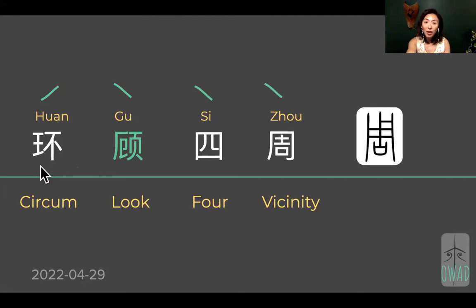环 came from this structure of left and right. Left is the symbol of jade, because you can often see the Chinese character of three horizontals, but the last one kind of going upward, simply for the ease of writing, right? When you're writing, you go from the left structure, and then when you start the right side, you jump up to the top and start from the top down, right?